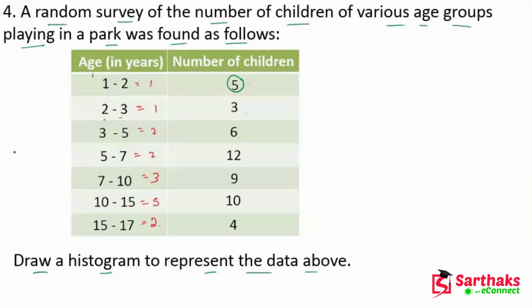So we know that the area of a rectangle is proportional to the frequencies in the histogram. So the proportion of children per year can be calculated as follows.